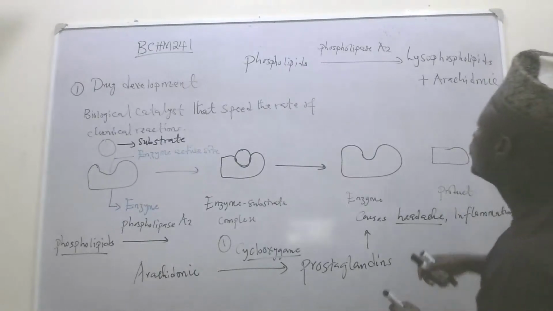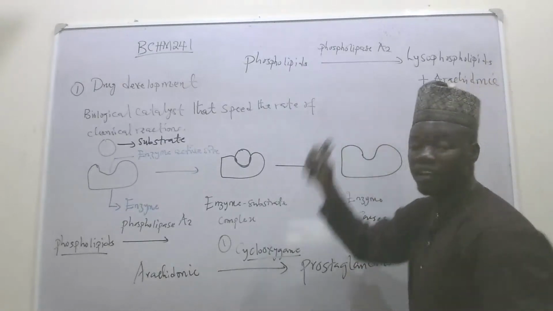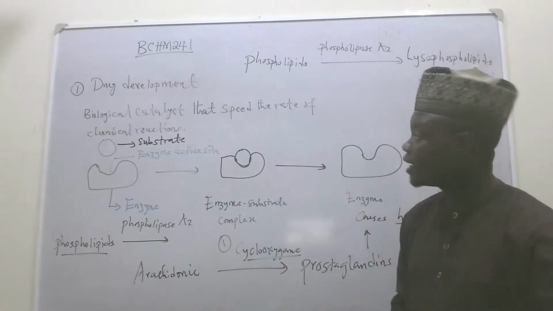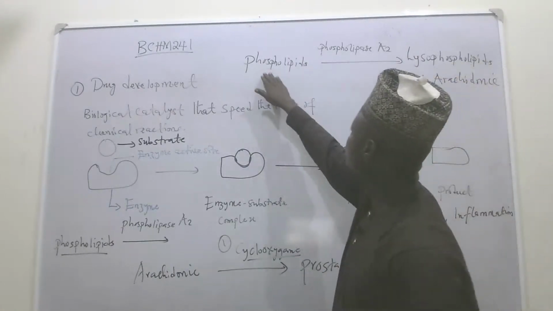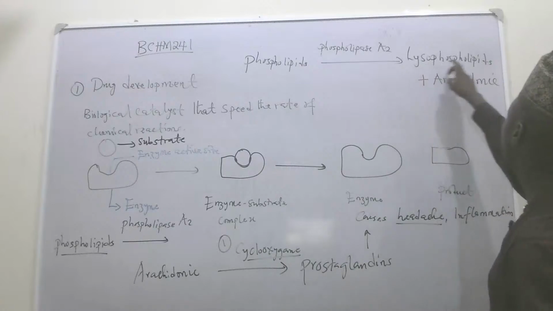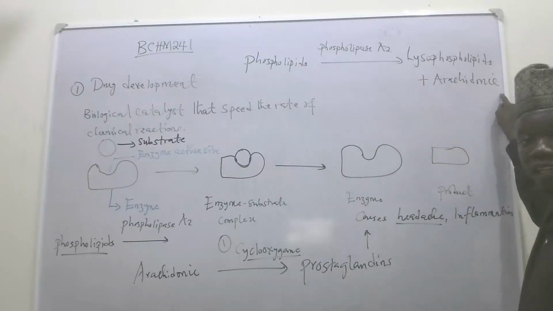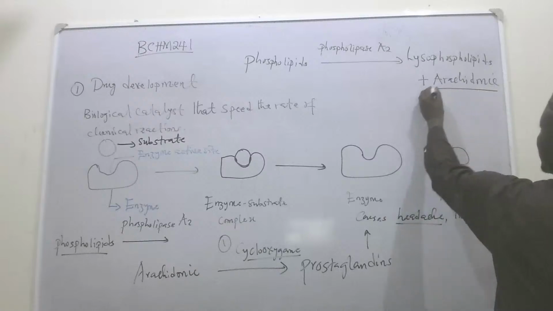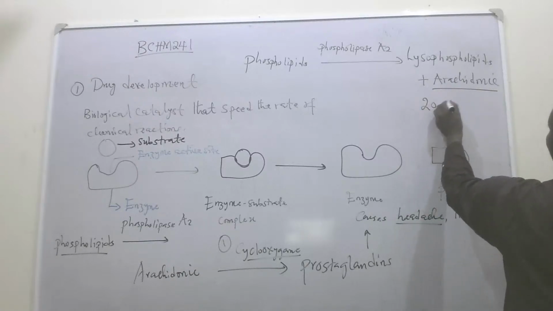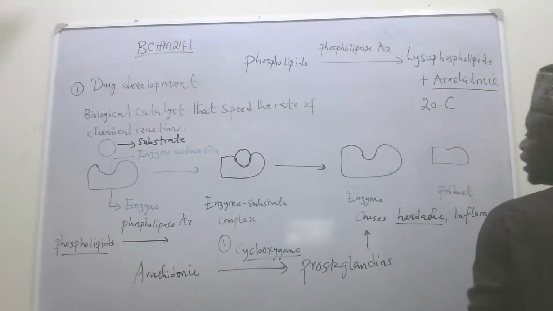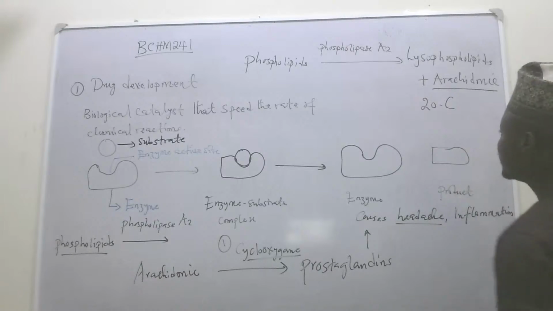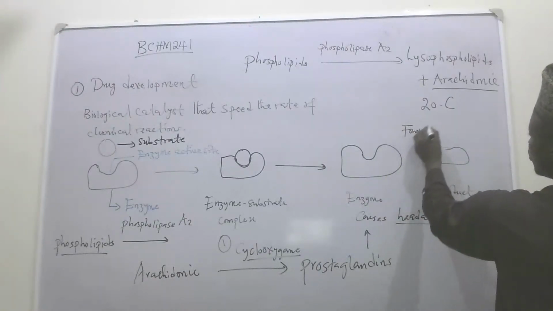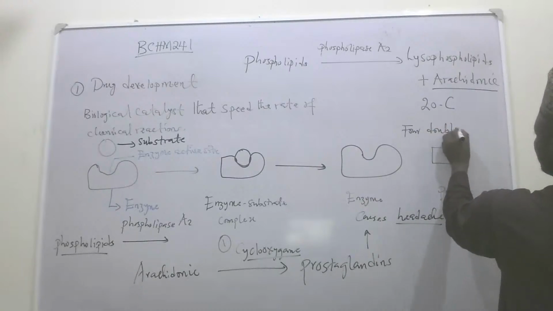So when we are under stress, the phospholipase A2 enzyme will be activated, and it will convert phospholipids into lysophospholipid and arachidonic acid. This arachidonic acid is actually a 20 carbon fatty acid that has 4 double bonds.